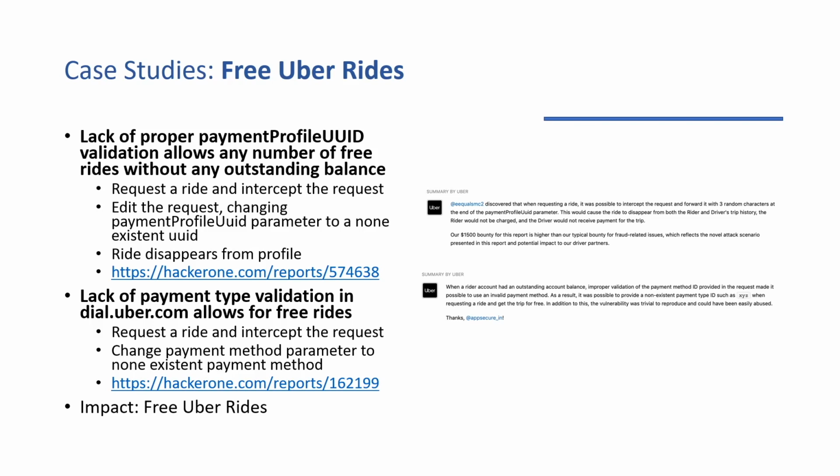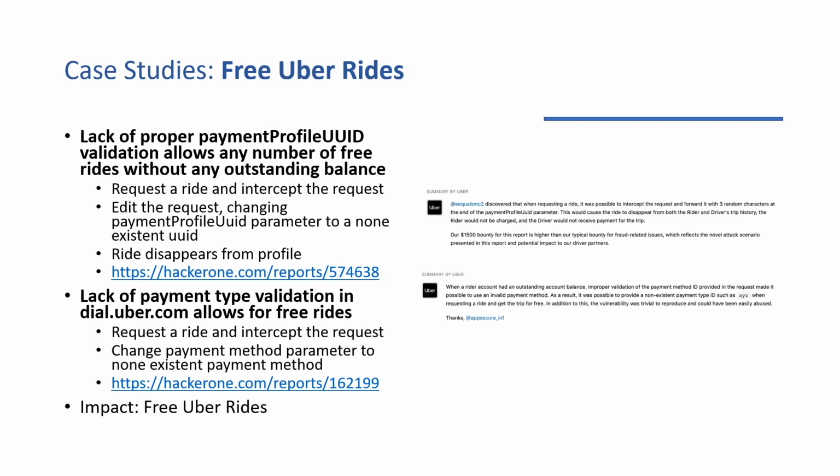So lack of proper payment profile UUID validation allows any number of free rides without any outstanding balance. So what they've done here is they have requested a ride and intercepted the request. Now they changed the parameter inside that request, payment profile UUID, to a non-existent ID, or an ID that isn't theirs.